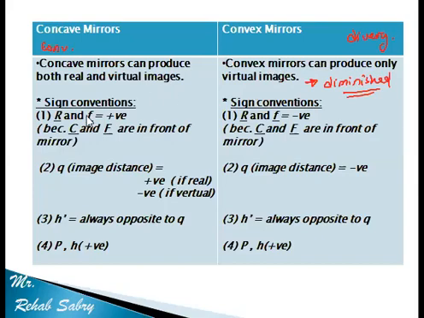Well, sign conventions. This is a very important point for problems. If you remember, we studied two formulae. The first one is 1 over F equals 1 over P plus 1 over Q. The second one is M equals H dash divided by H equals negative Q divided by P. In the problem, he will give you the focal distance, for example, 10 centimeters.